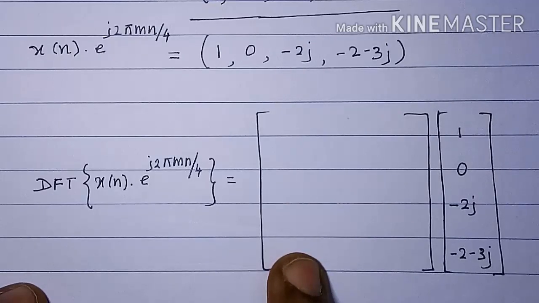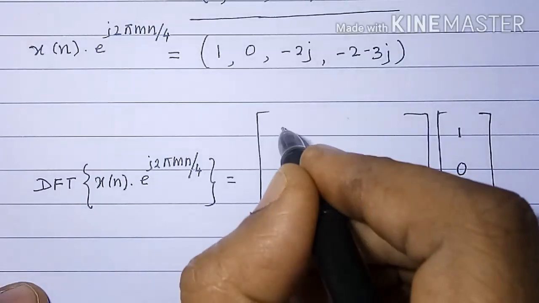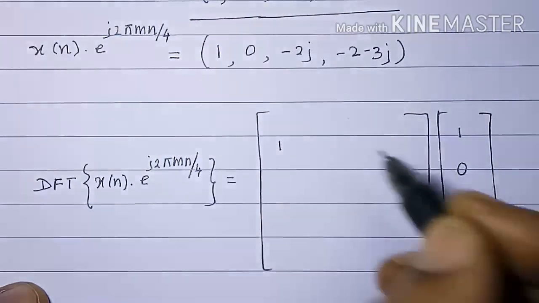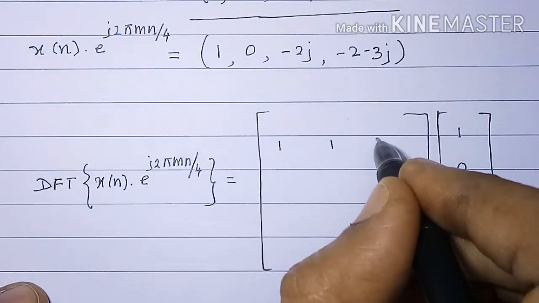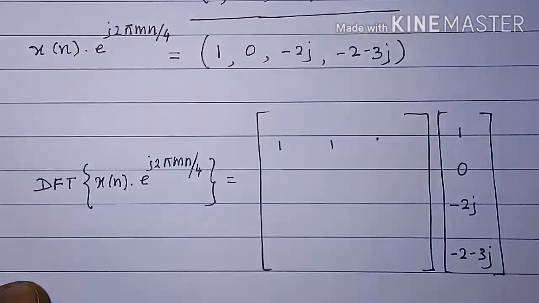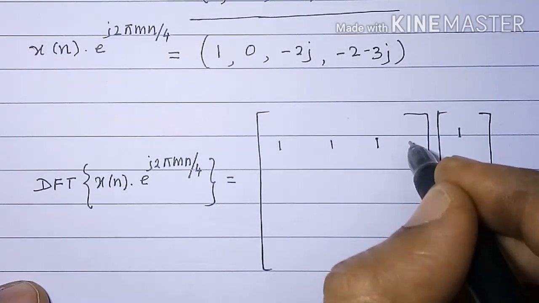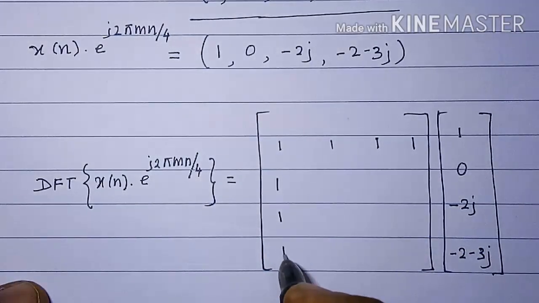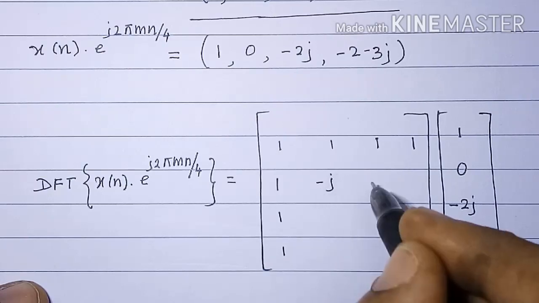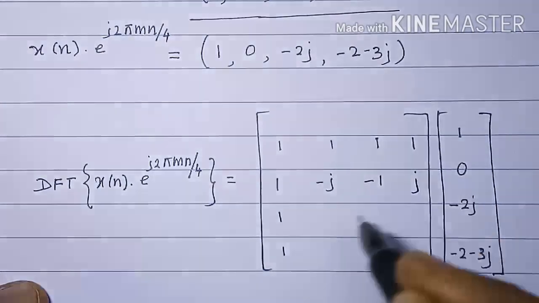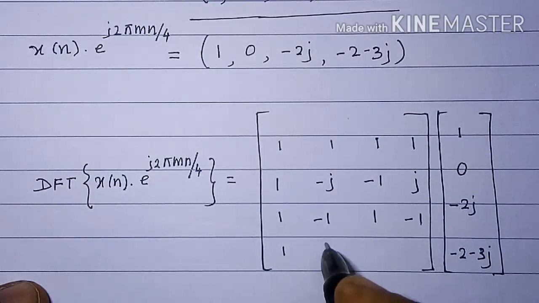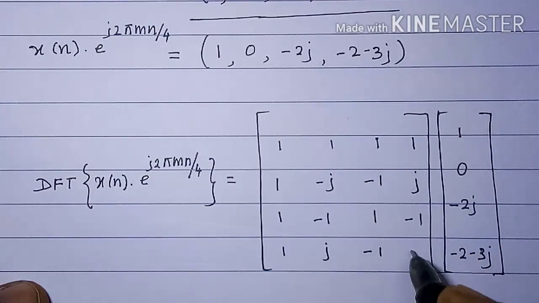It is the twiddle factor matrix: 1 1 1 1, 1 minus j minus 1 plus j, 1 minus 1 plus 1 minus 1, 1 plus j minus 1 minus j.